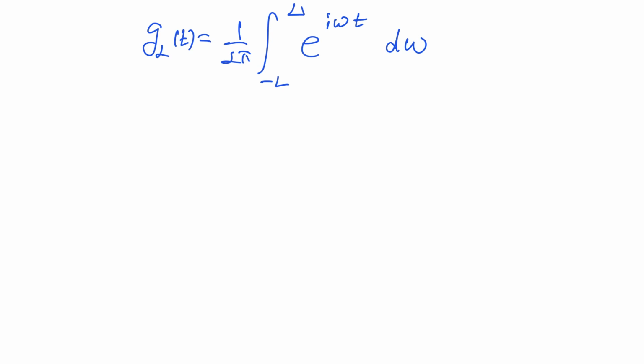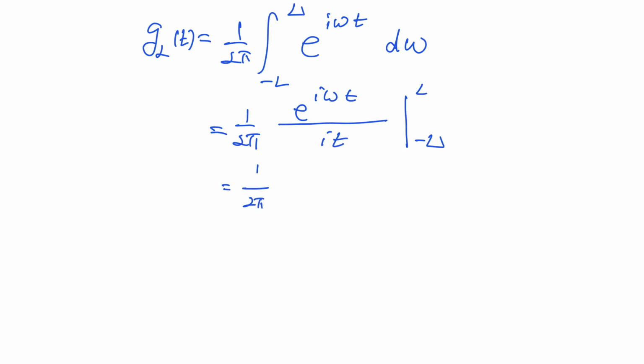So this is 1 over 2 pi times 1 over i t exponential i omega t from minus L to L, so 1 over 2 pi i t times exponential i L t minus exponential minus i L t.